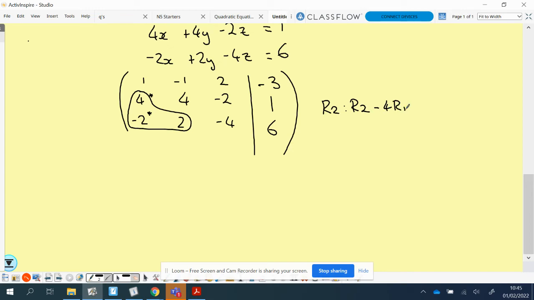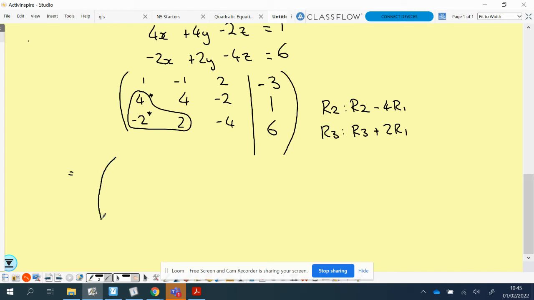Do you see how that's how we'd get a 0 for that entry there? Cool, okay. Row 3: how would I get a 0 in row 3? What would I need to do with row 3? Plus 2 R1. Yep, plus 2 lots of row 1. So row 3 plus 2 lots of row 1, and you'll see that's what cancels there.